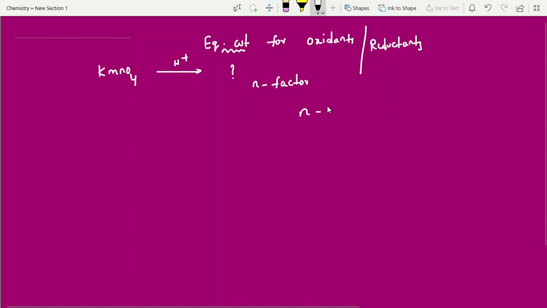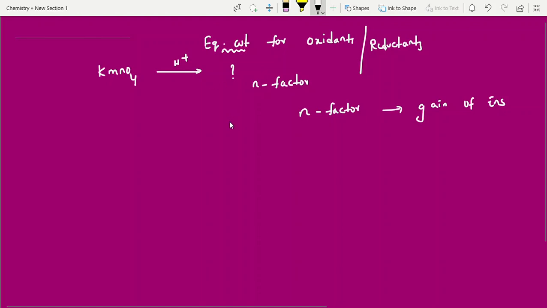In the previous video we saw that for oxidants, N factor is the gain of electrons, and for reductants, the loss of electrons. Oxidizing agent means ready to reduce. Reducing agent means ready to oxidize. You can watch the previous videos first, then come back to this one.